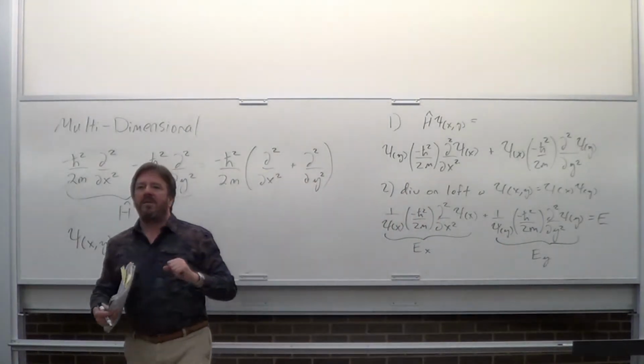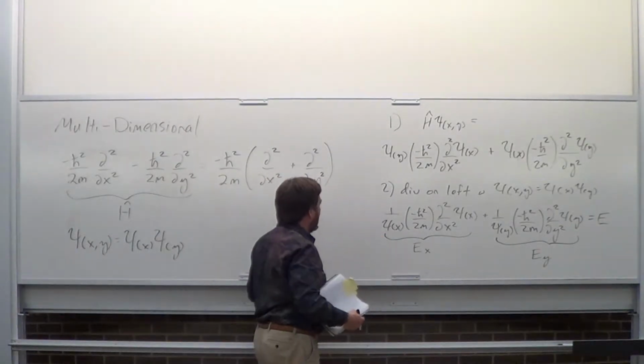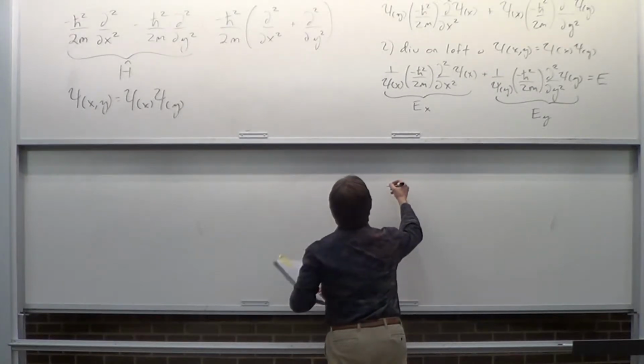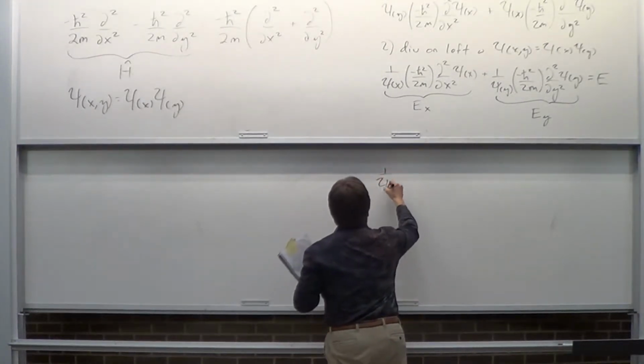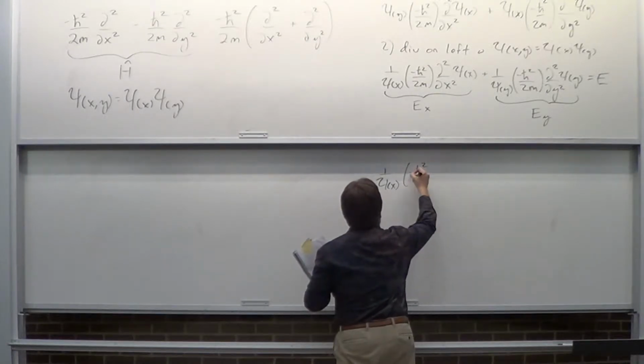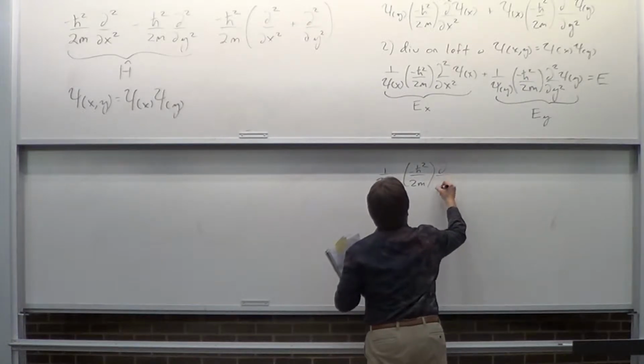And now you may notice that this is what we started on a month ago. Let me just keep working down on that. Let's do x, and of course y is the same. 1 over psi x, minus h bar squared. I always put parentheses so you don't think that's a subtraction minus sign, right?